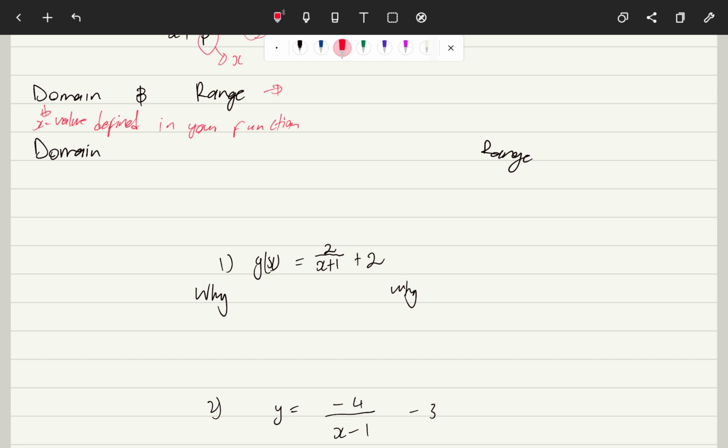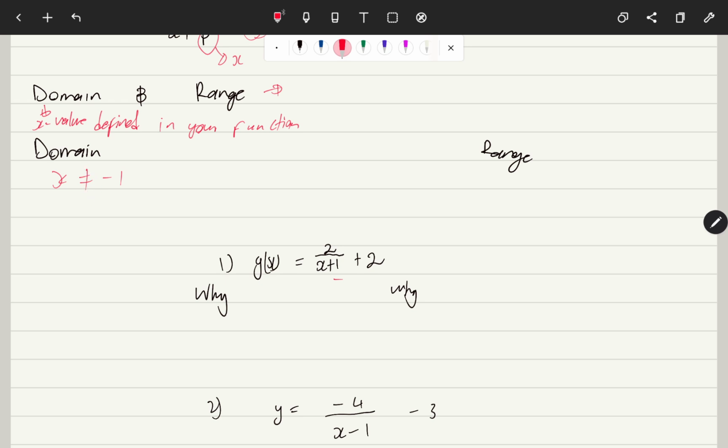The domain is a set of x values, and most importantly, we are looking for P. We look at P and we say the domain: x is not equal to -1.